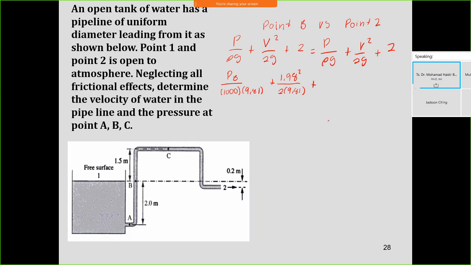For Z at point B, use the equation that we used before. So this is 2 meter equal to P at point 2, where the pressure is 0 as it is open to the atmosphere, plus V square, 1.98 square over 2 times 9.81, plus Z, where Z here is 1.8.